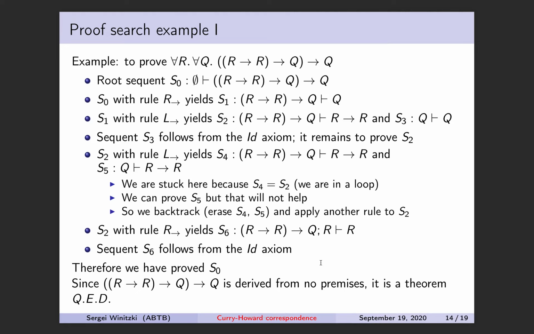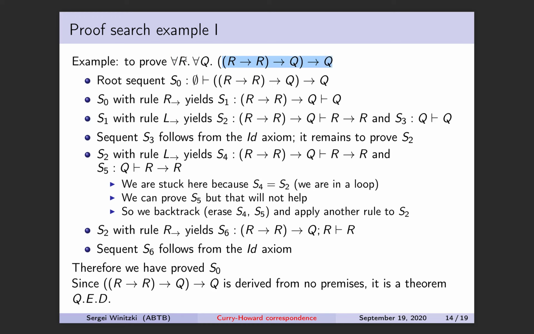Here's an example of a full proof search that is performed using this formalism. We want to prove this formula for all R and Q. This function can be implemented.